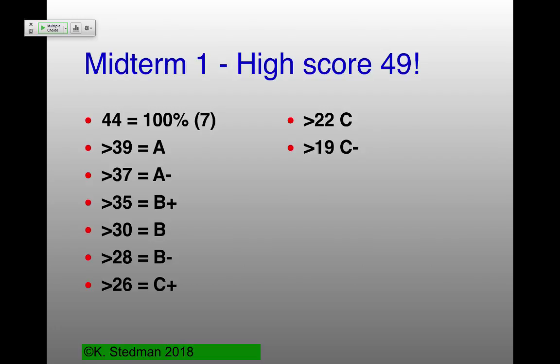The 49 was an outlier, but there were still 7 people who ended up with more than 44 points out of 50. So, in theory, I could have just scaled up to there. But again, these are outliers. So I'm scaling to 44, and you can do 90% of that's an A, and so on and so forth.